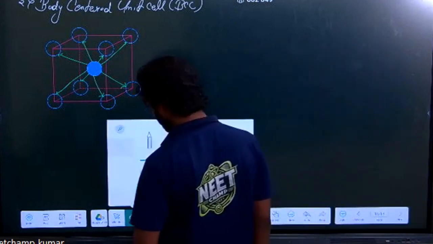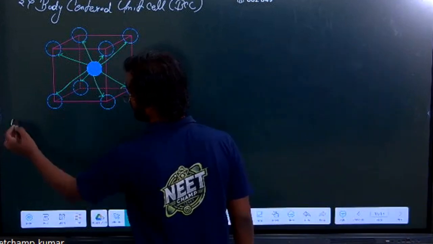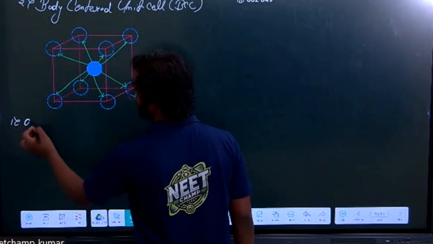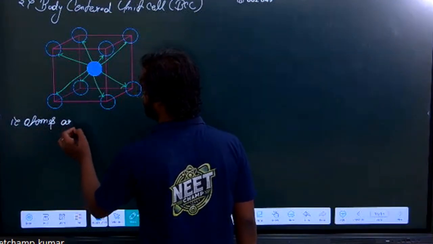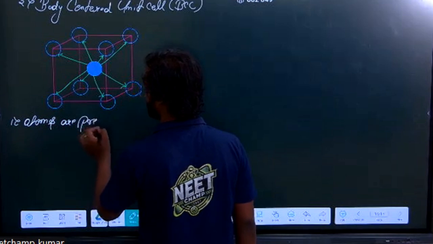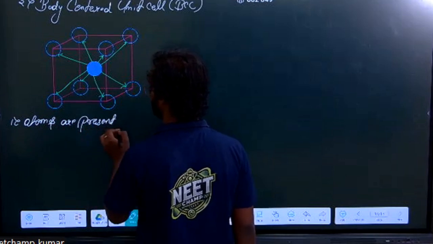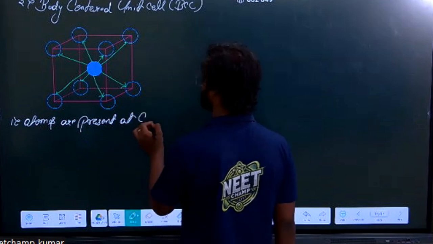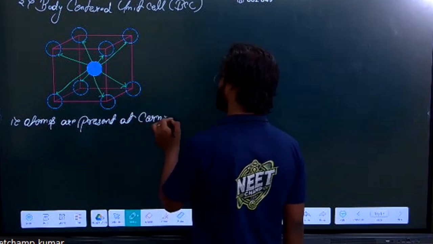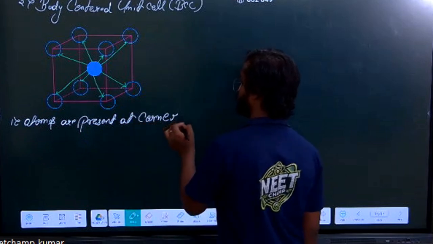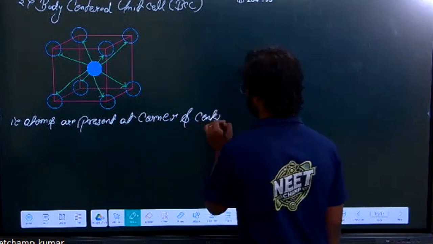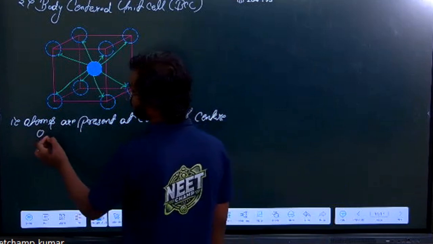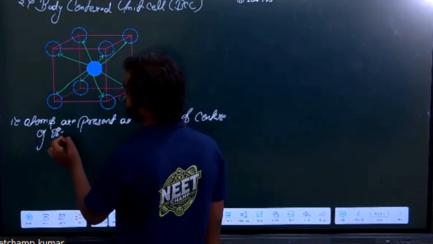So the important points: first, atoms are present at the corners and center of the cube.